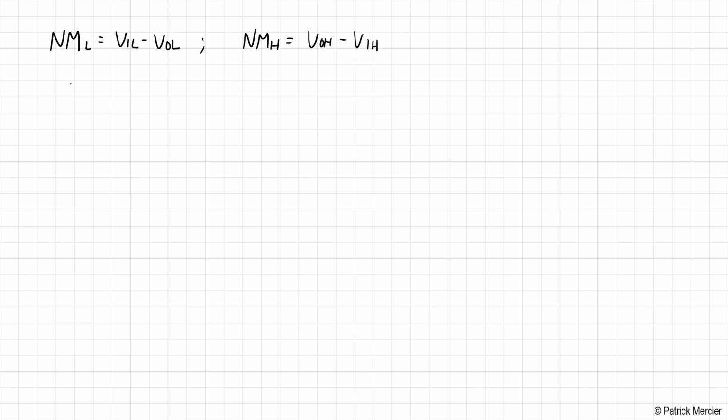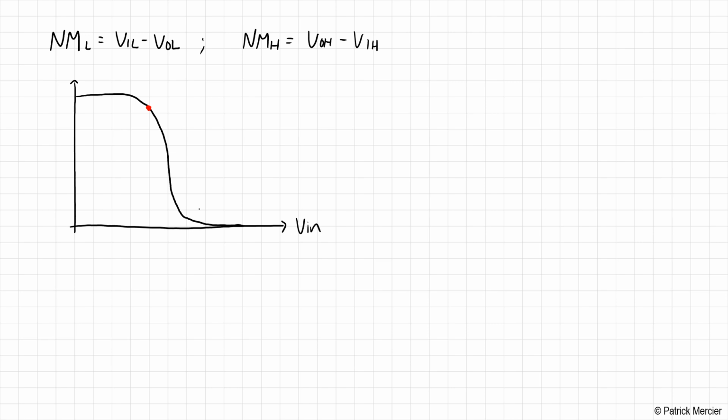Now, there are varying definitions for how to define what VIL and VOL and so on are. This is one that we're going to use for the time being for the purposes of discussing how an inverter works. Again, I want to emphasize that there are many other ways that one could make these definitions, but this is, I think, a reasonably good one. So we're going to say that, and sorry, let me label the axes.